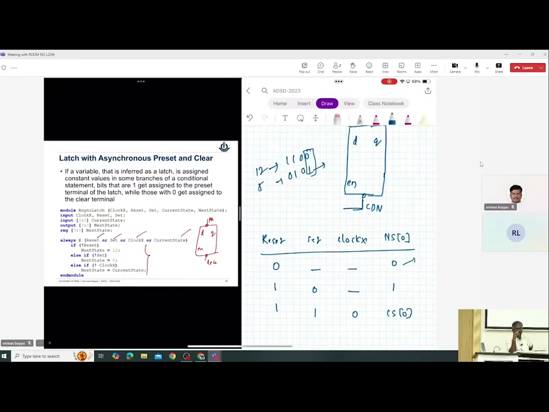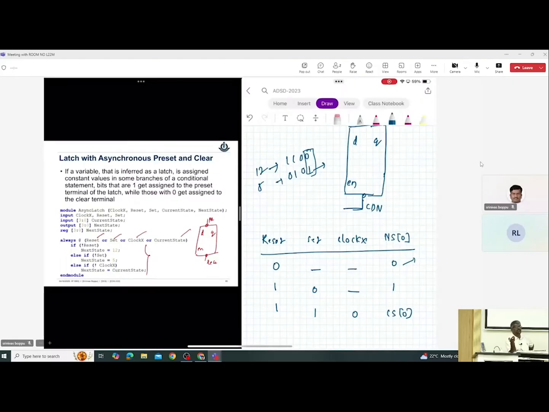According to the truth table, what will happen? Output 0, no? Yes or no? Because it is a CD pin, an active low pin. That means if you give 0, then only it is active, and the output should be set to 0. Now, according to the truth table, what signal should I connect it to?